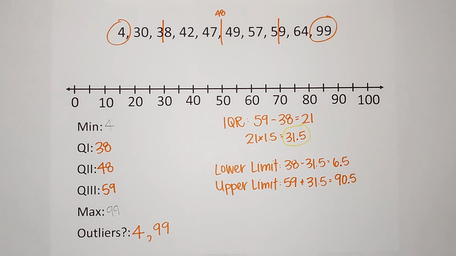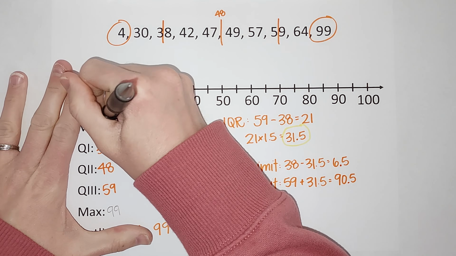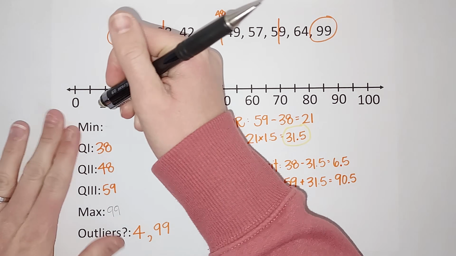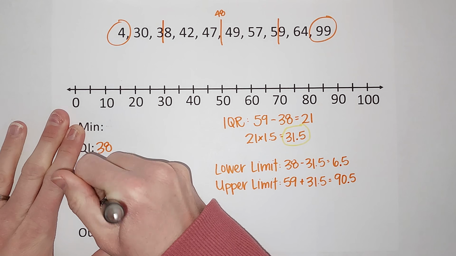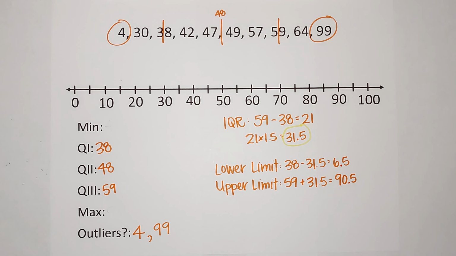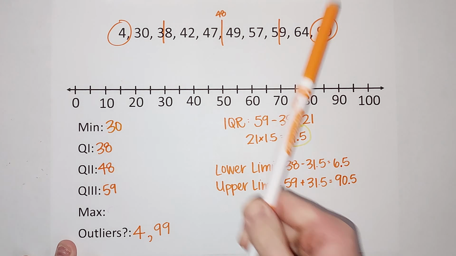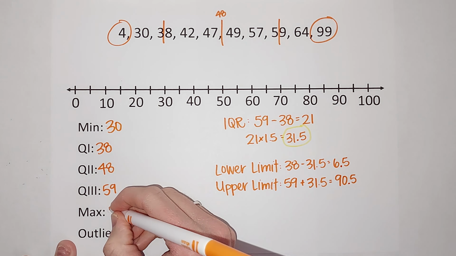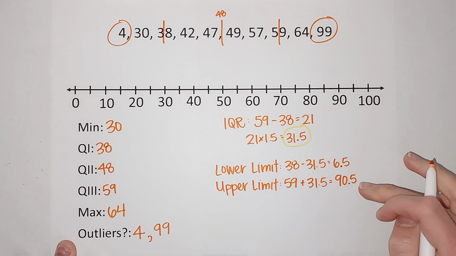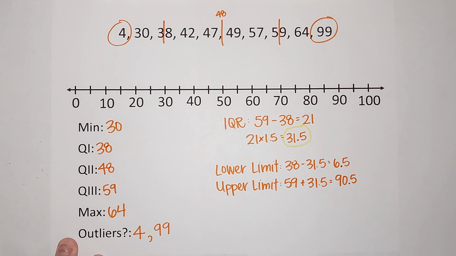Why it's a modified box plot? Because I'm going to change my minimum and my maximum because they're outliers. So my minimum is now 30 and my max is now 64. Okay. Those are within my limits, right? 30 and 64. Yes, they are.